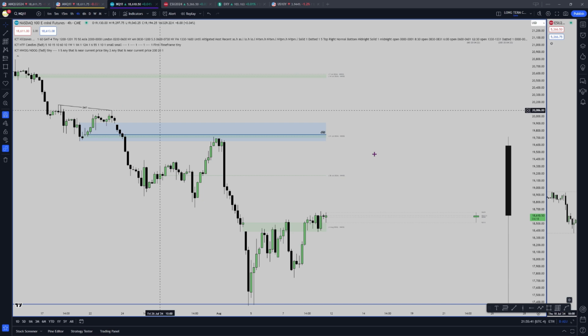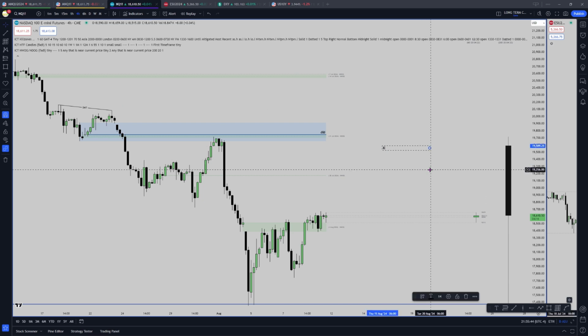Yeah, so 8:30, 9:30, and 10. Each one of these times sets the road for the other. So you can either see an 8:30 accumulation, which would be a 9:30 manipulation into a 10 distribution, or you'll see an 8:30 manipulation, which usually happens when we have news, 9:30 distribution, and then a 10 o'clock reversal or continuation.